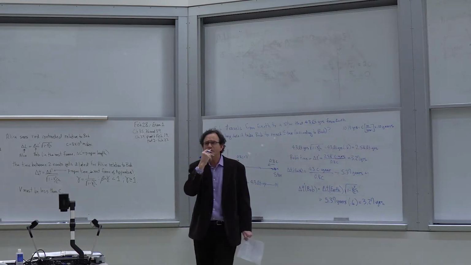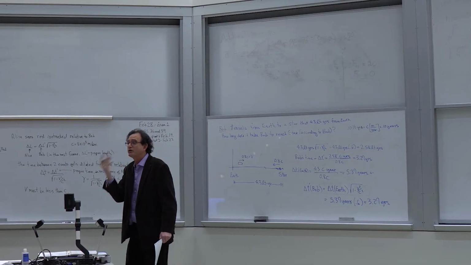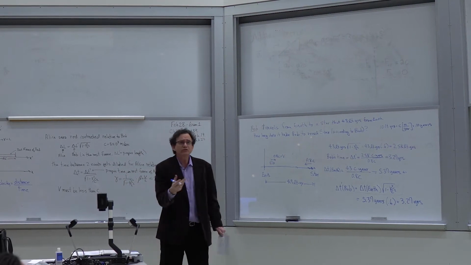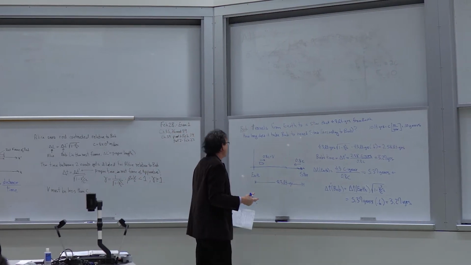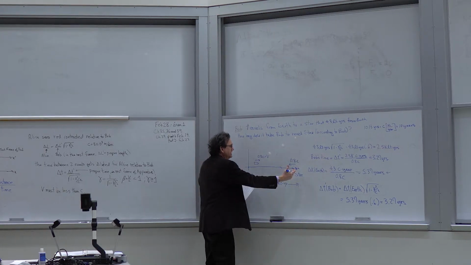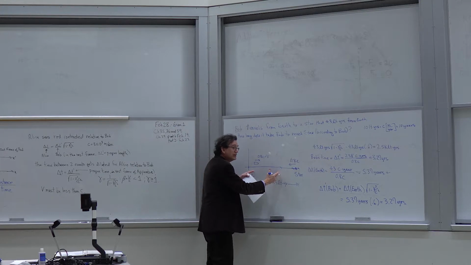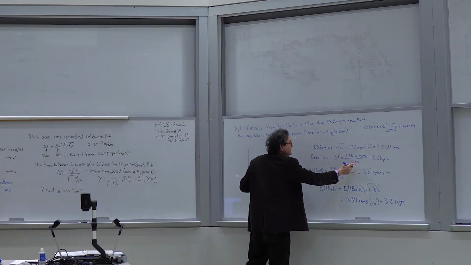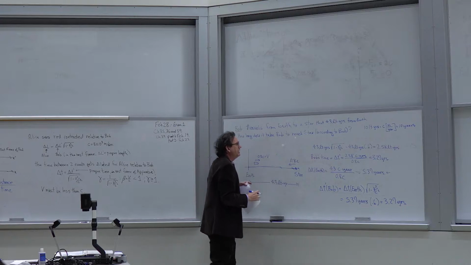Okay, 3.27 years. So two different ways we can calculate it. We can either look at this and say, Bob's moving very fast, so he sees the distance to the star shrink, and therefore he's going to get there sooner by his clock. That's one way of looking at it. You just take that shrunken distance and divide by the speed at which the star is approaching him.